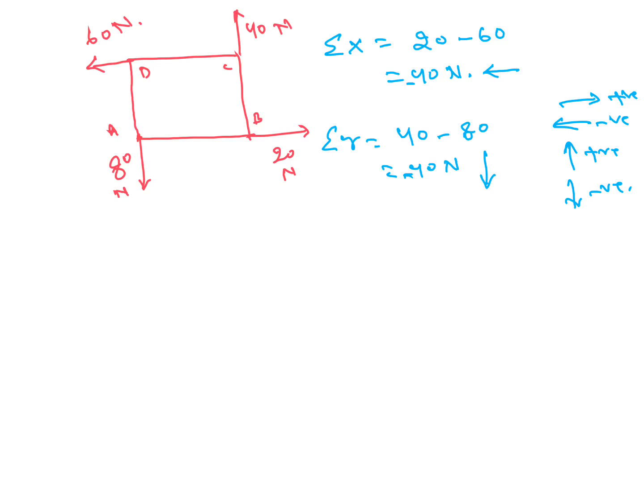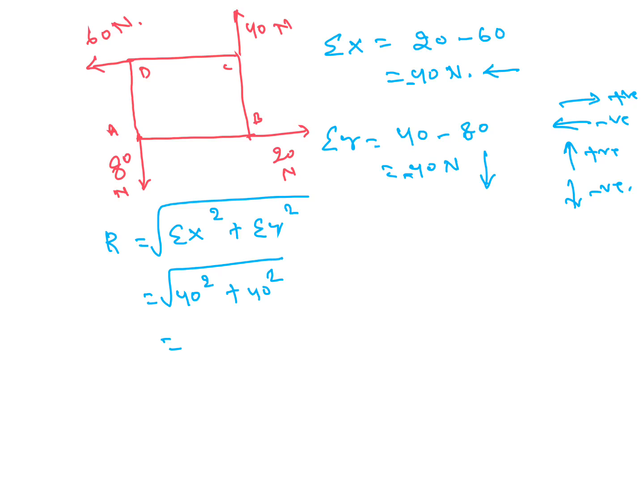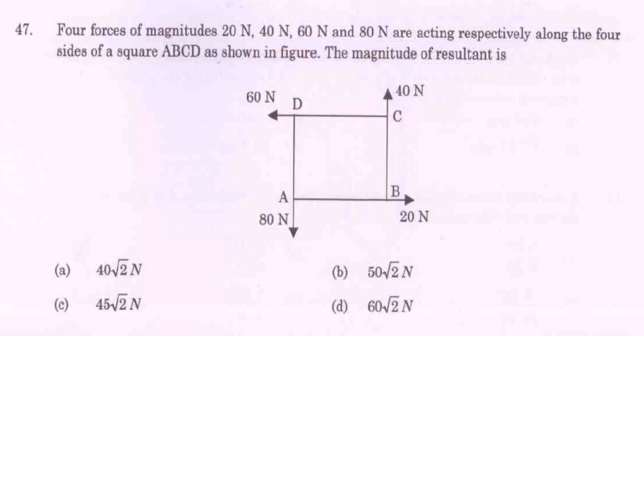We have to calculate resultant force. Root over sigma x square plus sigma y square, root over 40 square plus 40 square. So 40 into root 2 Newton is our resultant force magnitude. 40 root 2 Newton. A is our answer.